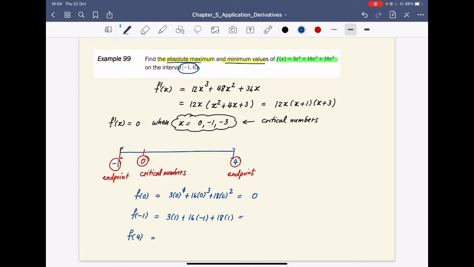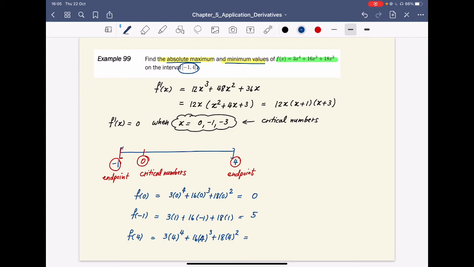So this is going to be 5. And then the last one, f(4). This is going to be 3 times 4 to the 4th power plus 16 times 4 cubed plus 18 times 4 squared.